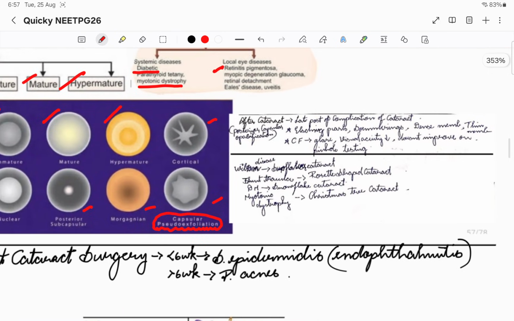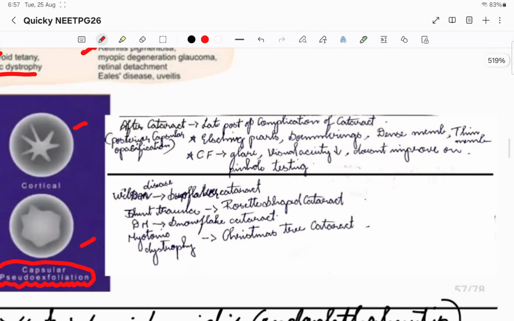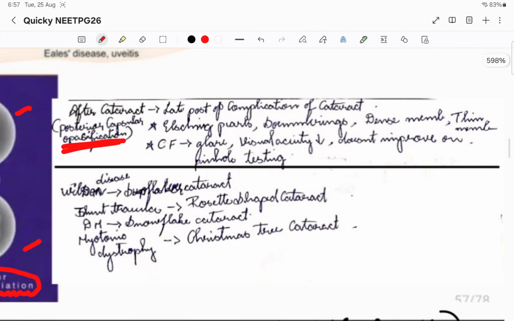Then some extra points with respect to cataract: there is something called after cataract. This is a post-op complication of cataract. After we place our artificial lens, the IOL, intraocular lens, there will be posterior capsular opacification. It might lead to Elschnig pearls, Soemmerring ring, dense membrane, and thin membranes.